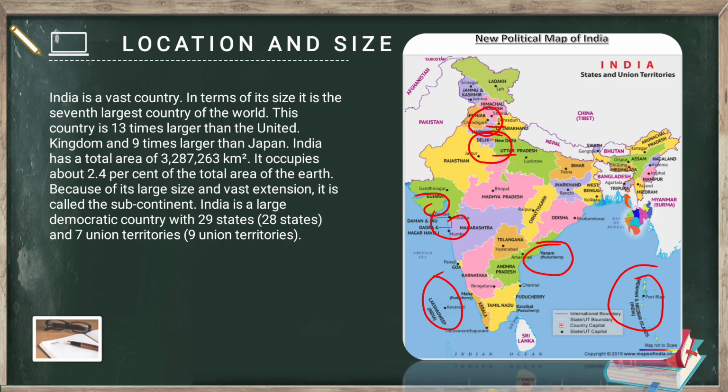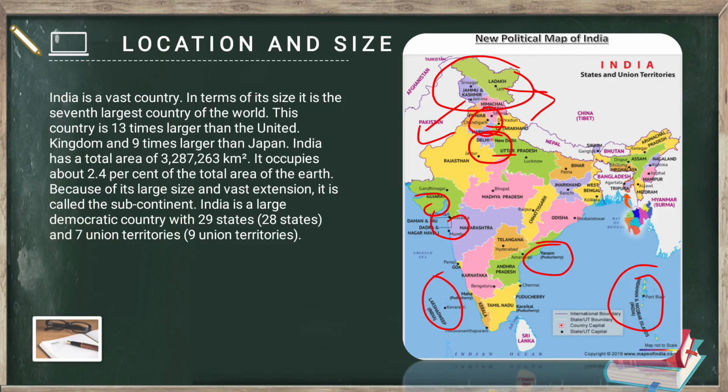You know the states' names? It is given on the map also. But later in the year 2019, I guess, Jammu and Kashmir, which was earlier a state, was bifurcated into 2 union territories: one is Jammu and Kashmir, and the other is Ladakh.